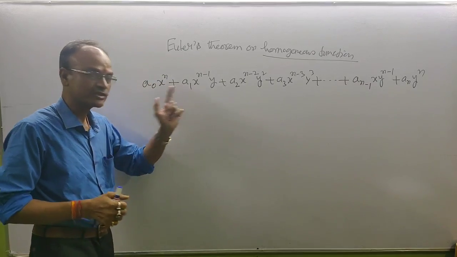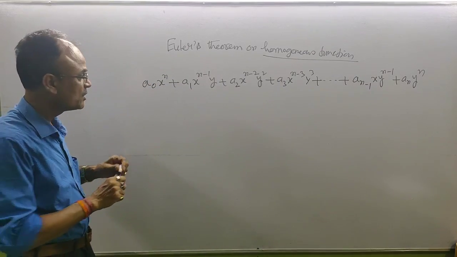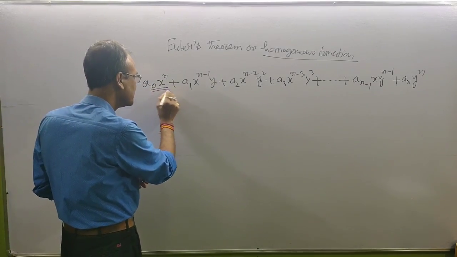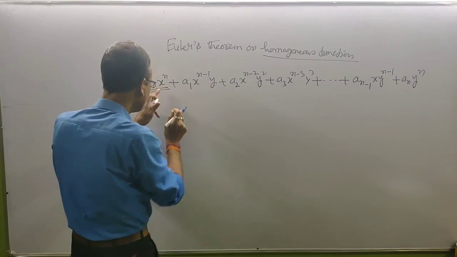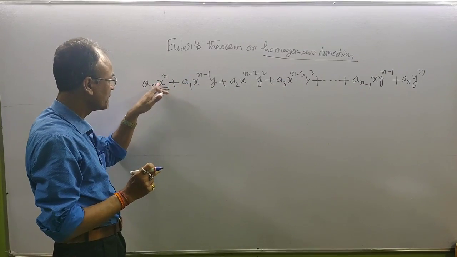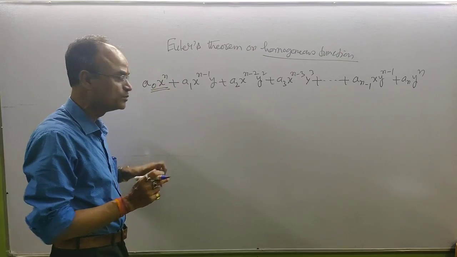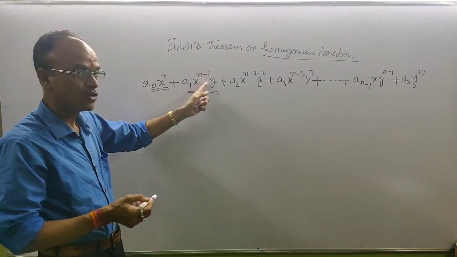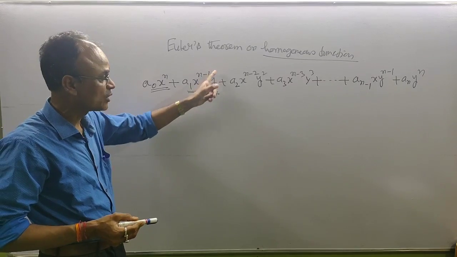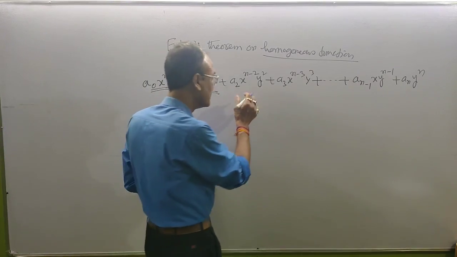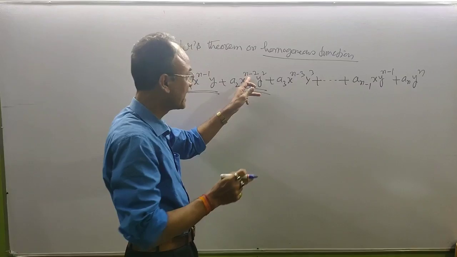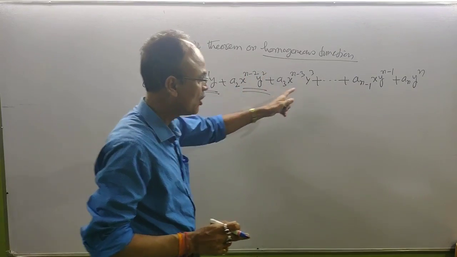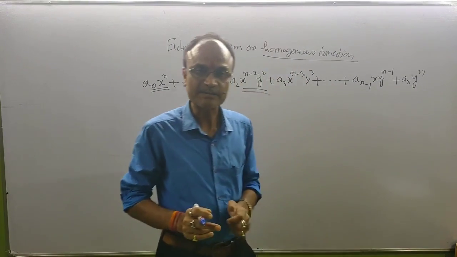Consider this expression. You see, it is a function of x and y. Every term is of degree n. This term is also of degree n minus 1 plus 1, degree n. This term is also of degree n minus 2 plus 2, degree n. All terms are of degree n.